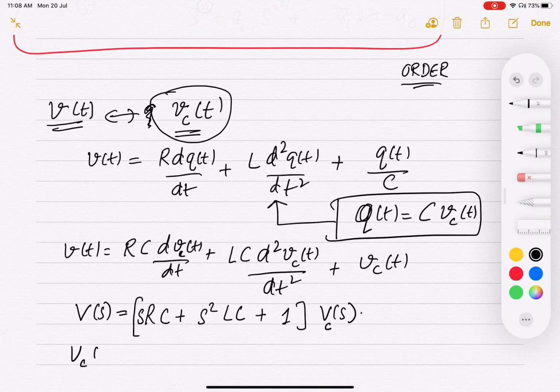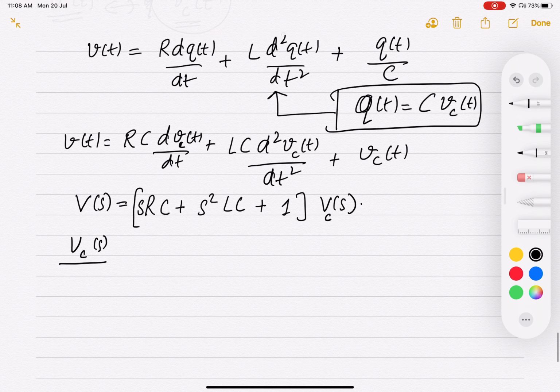So VCs by Vs is equal to 1 upon RCS plus S square LC plus 1.